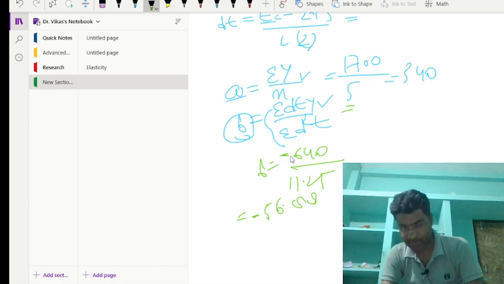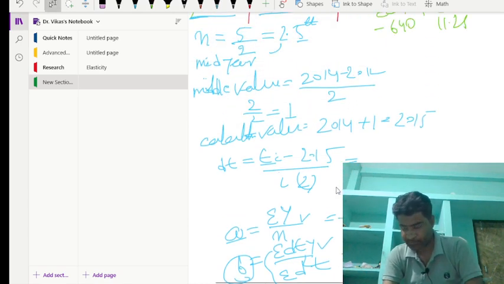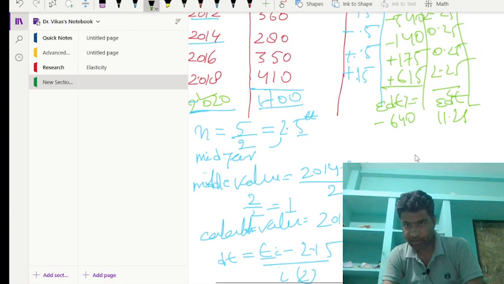The minus sign is already there, so we will use this sign. So we have got all the values a, b, t.